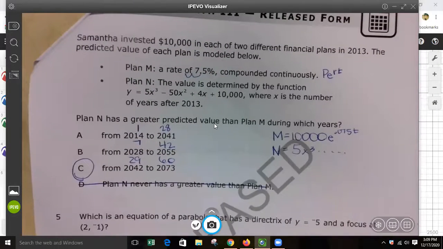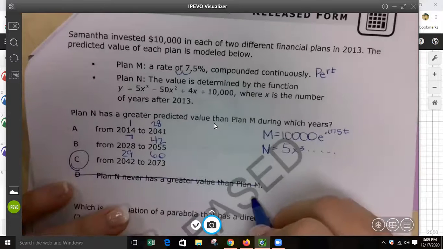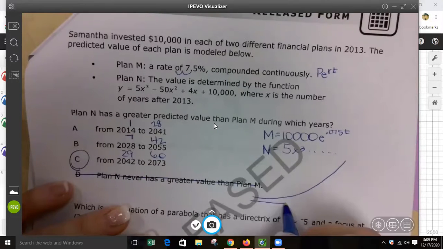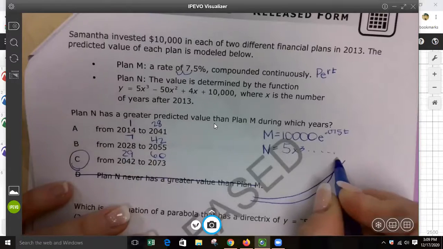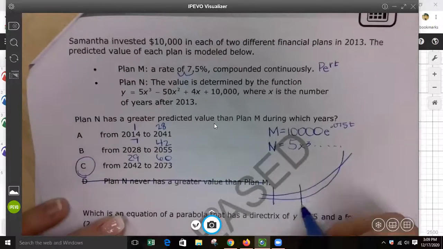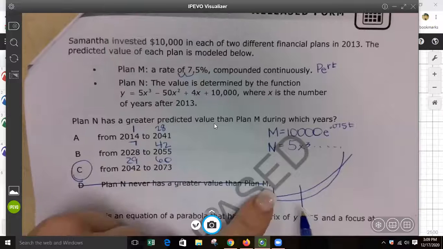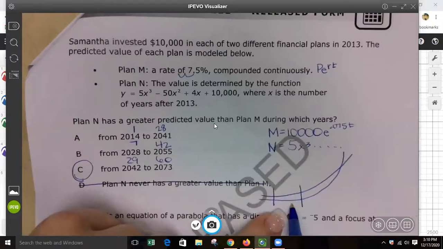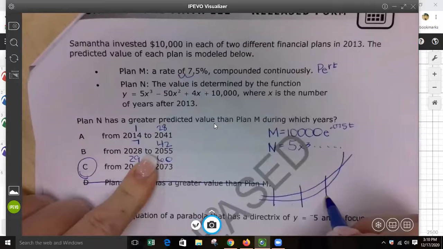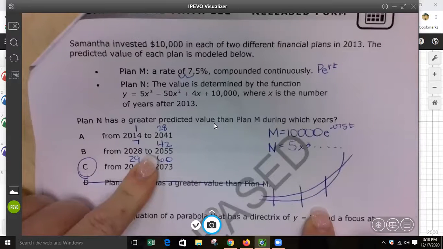So let me kind of break this down one more time. What you have are two graphs that kind of look like this, and then all of a sudden, a long time away, they'll cross. What we saw from 1 to 28 was like right here. So from 1 to 28, the blue was still above. From 7 to 42, the blue was still above.